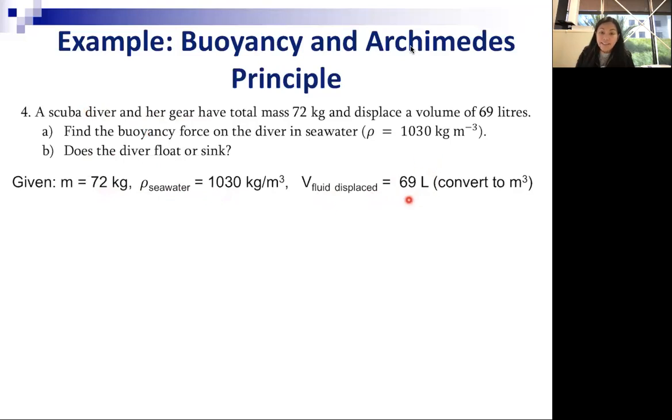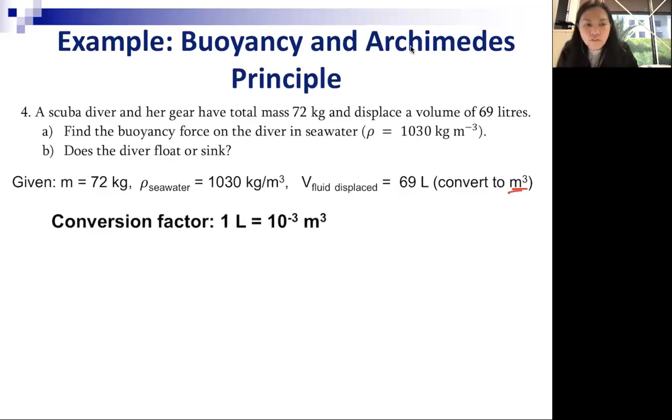which is 69 liters. Liters is not an SI unit for volume. The standard SI unit for volume is cubic meters, so you have to convert liters to cubic meters. The conversion factor is 1 liter equals 10 to the minus 3 cubic meters.